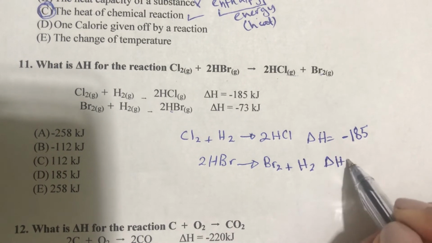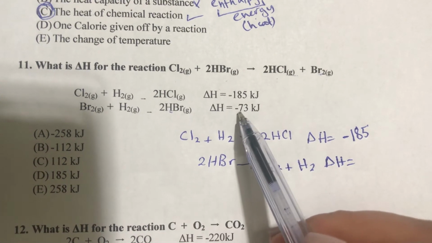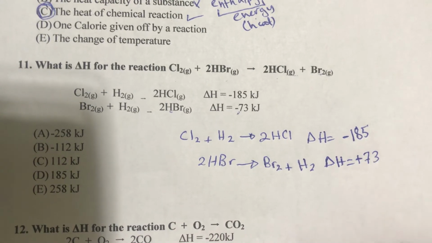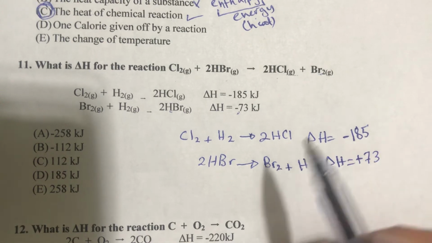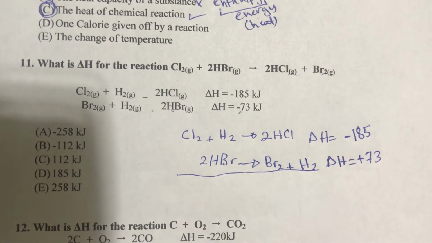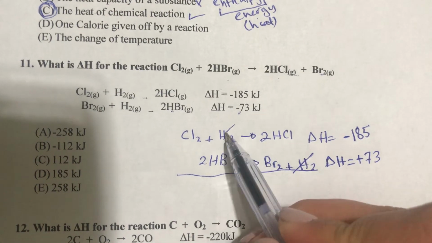If you reverse this reaction, you have to change the sign of delta H. So here positive 73. Now if you add these reactions to each other, here you have hydrogen in the reactant and hydrogen in the product, you can delete it.